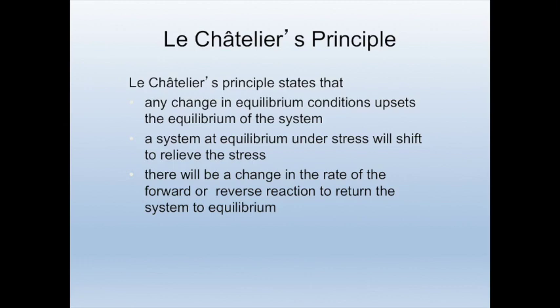Le Chatelier's principle states that any change in equilibrium conditions upsets the equilibrium of the system. A system at equilibrium under stress will shift to relieve the stress, and there will be a change in the rate of the forward or reverse reaction to return the system to equilibrium.